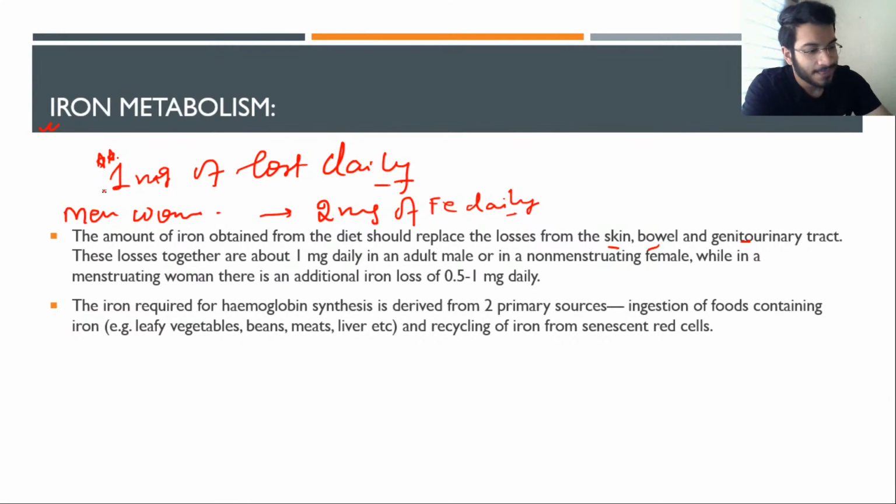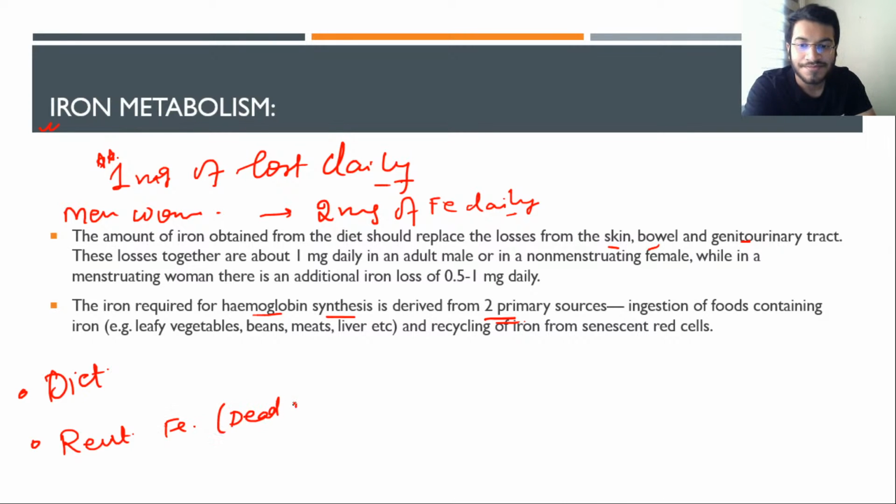The iron required for the hemoglobin synthesis is derived from two sources. दो sources हैं. First of all diet, and the second one is the reutilization of the iron that comes from the dead RBCs. So your body can extract the iron in two ways.